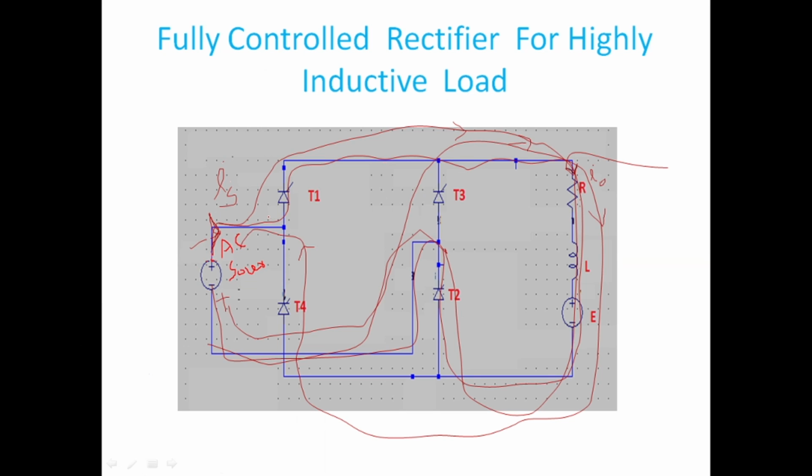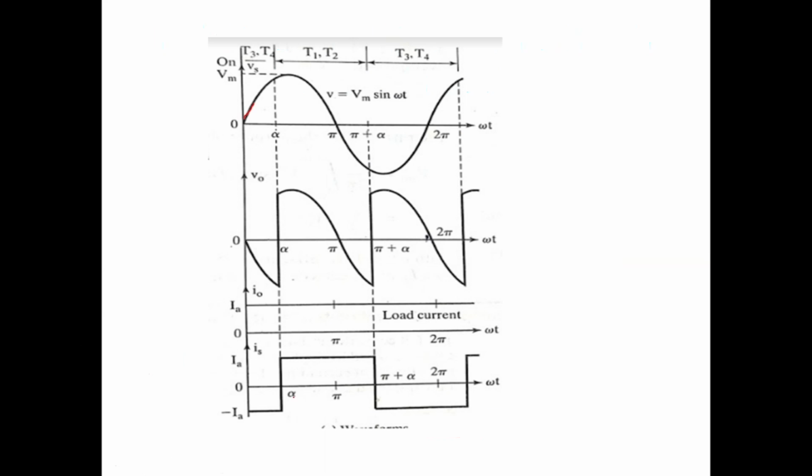So I can say this is the actual current flow. This arrow and this IS arrow, if I compare, it is positive, meaning it is in the same direction. So from alpha to pi plus alpha, source current is like this.